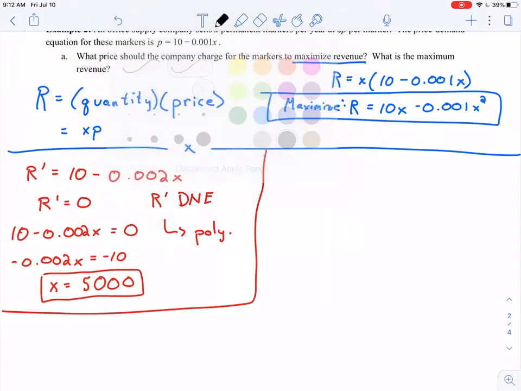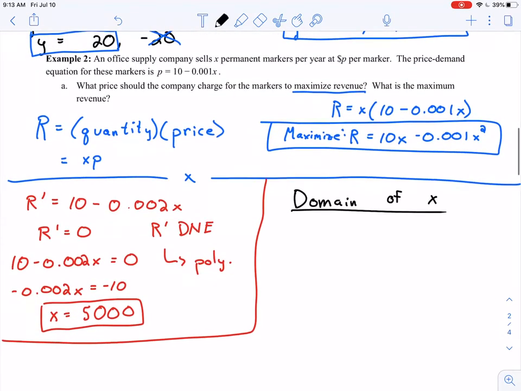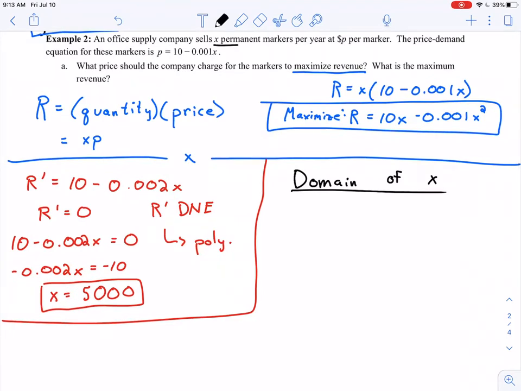I'm going to think about the domain of x, and I always come back to what does x represent in our problem? We are selling x permanent markers per year. So x represents the quantity. It's the amount of the thing that we're selling.